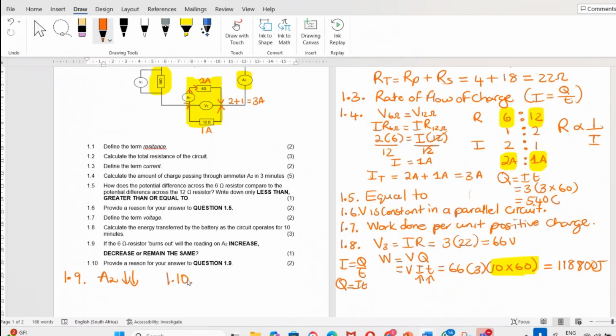So with that being said, you could say now the total resistance has increased, because in order for you now to find the total resistance, you must add those resistances. And 18 plus 12 now is 30 instead of the 22 that we found earlier on. So now the resistance is bigger.